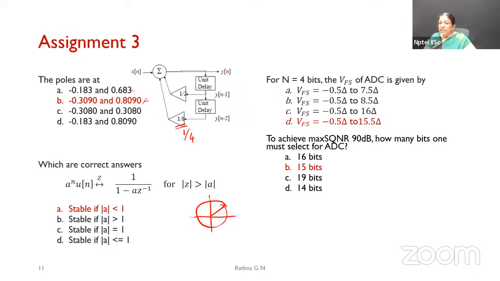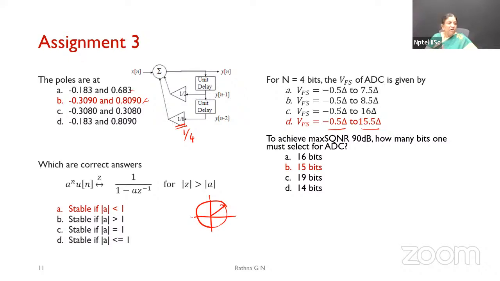To the next assignment: n is equal to 4 bits has been given, and we have the full scale voltage of the ADC. We know that the correct answer is it varies from minus 0.5 delta to 15.5 delta. If you apply the equation given, this value is the correct answer.